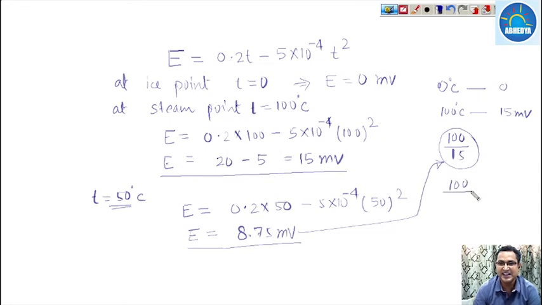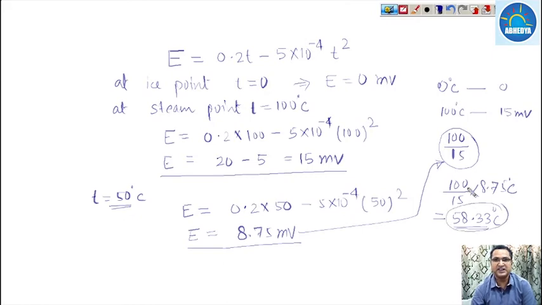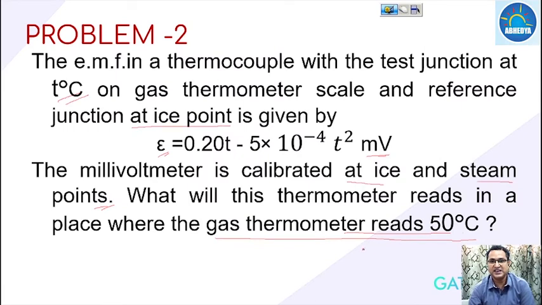That is 100 upon 15 multiplied by 8.75, and this result is 58.33 degree centigrade. So the thermocouple will read 58.33 degree centigrade when the gas thermometer reads 50 degree centigrade.